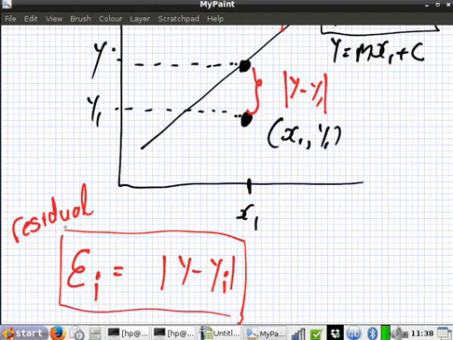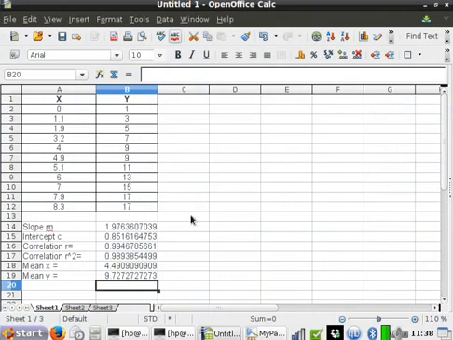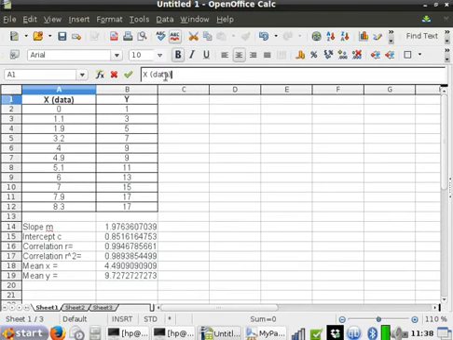Okay, can I go back to Excel? Yep. To be clear, this x here is our data, and this y here is our data, and what I'm going to do next is y, not data, y on the line. So the formula for the line is equals m.